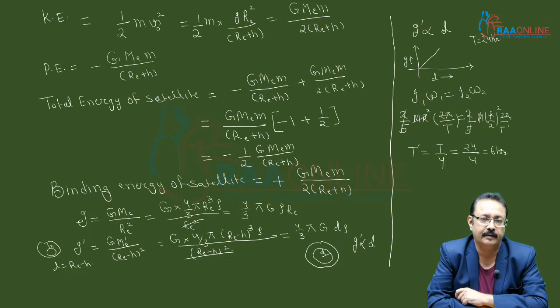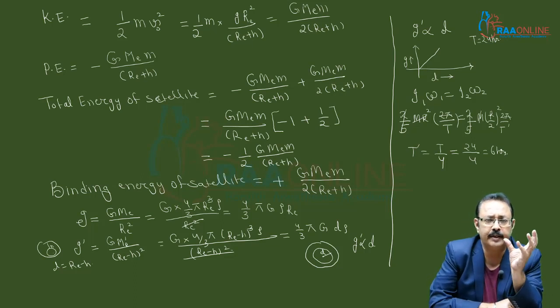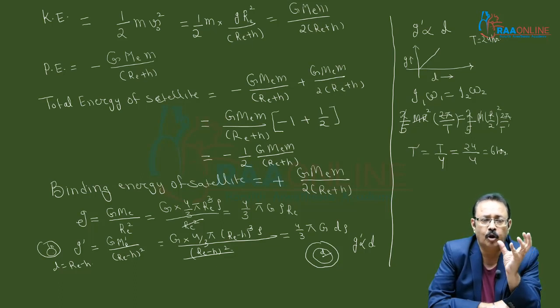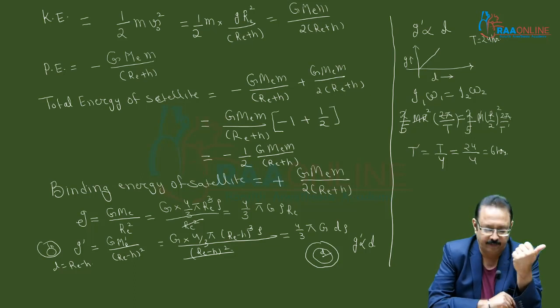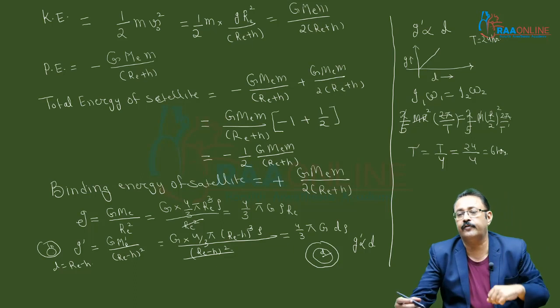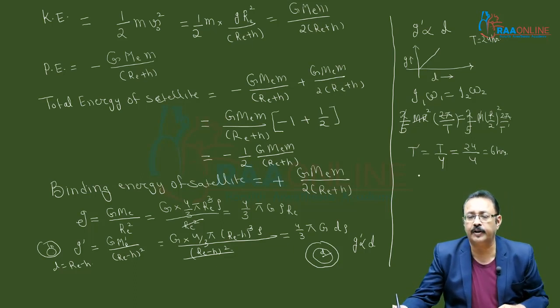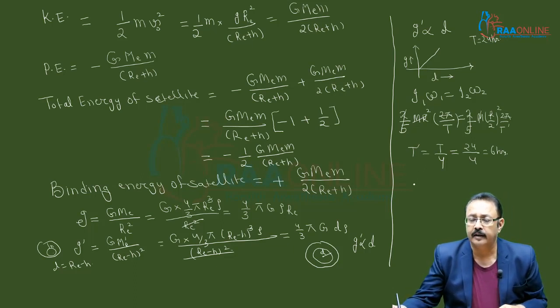They can ask, with what speed Earth should rotate so that the object on equator will become weightless. We know that. What was the formula? Effect of rotation on g.